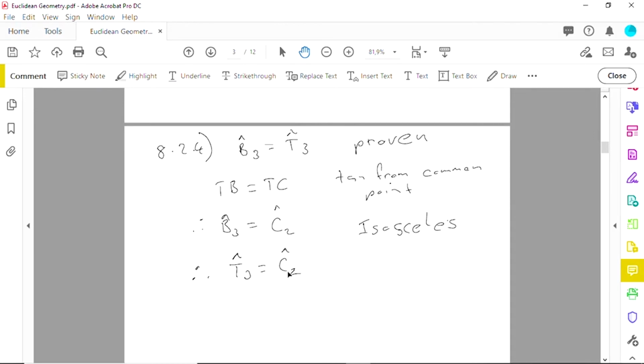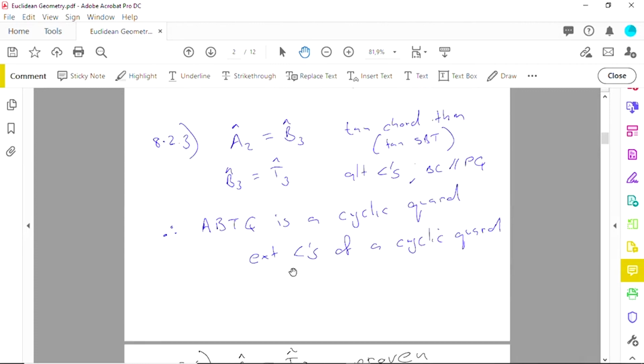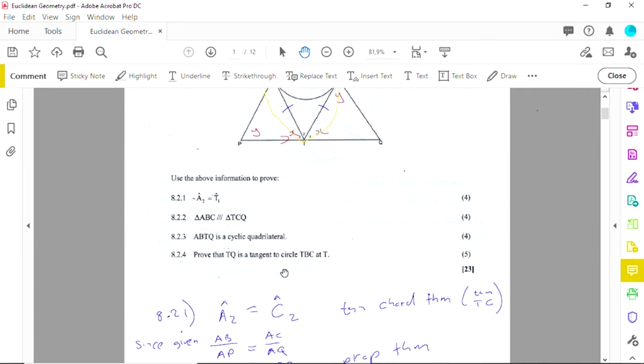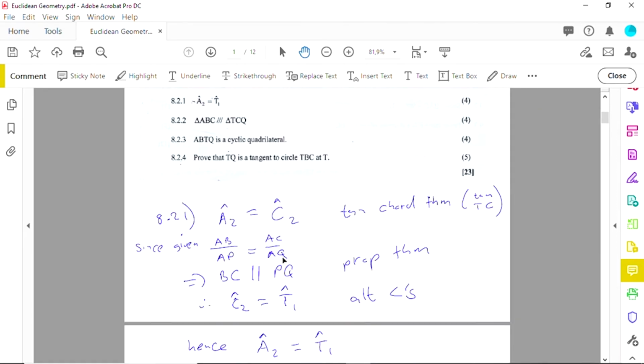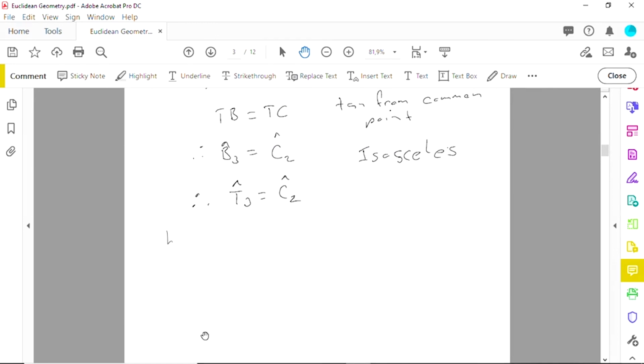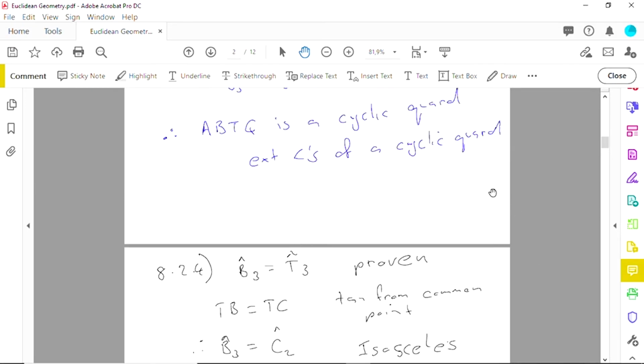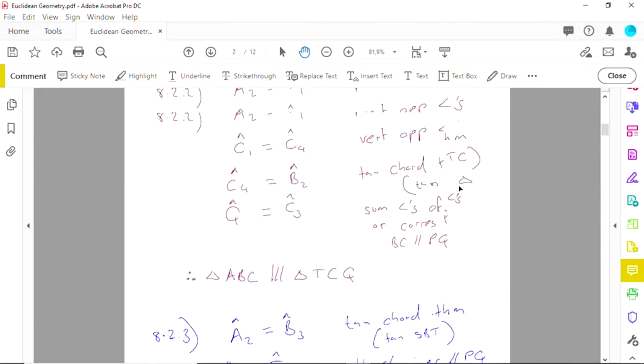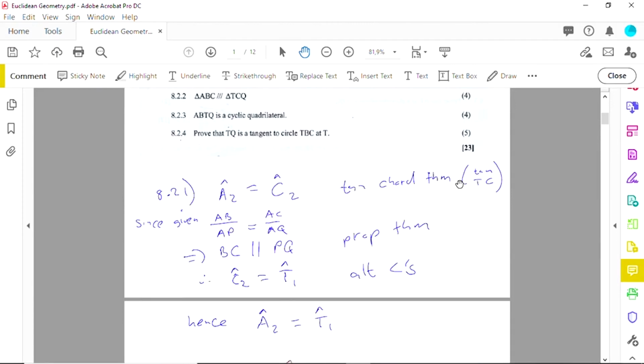If C3 is equal to C2, then TQ must be a tangent to triangles, to circle TBC.